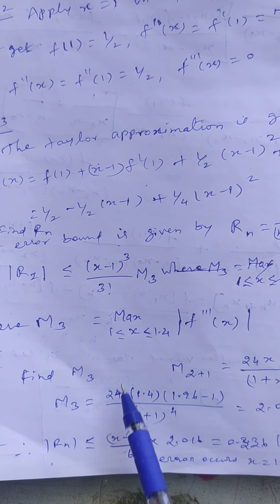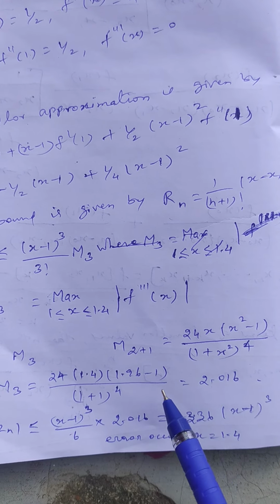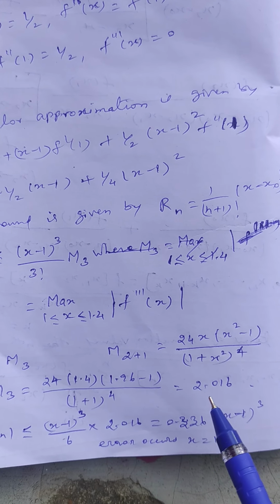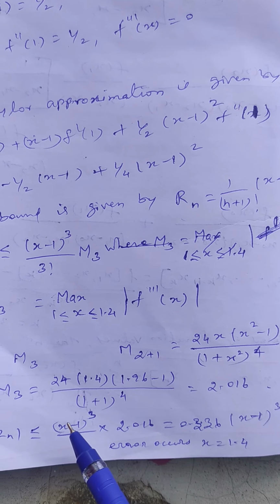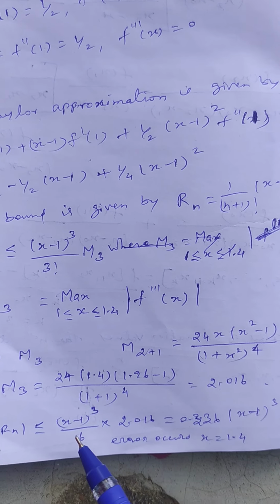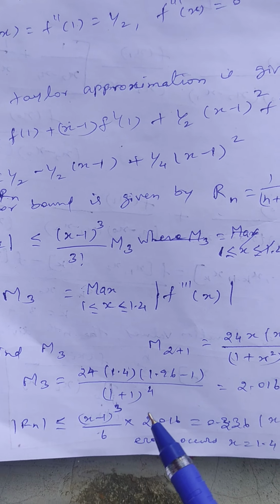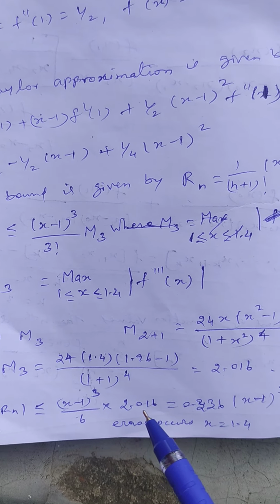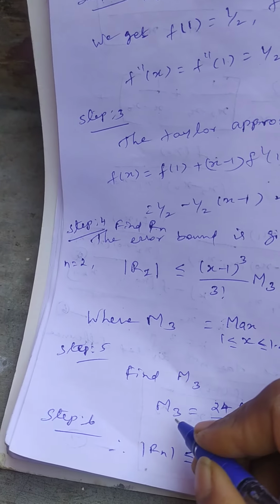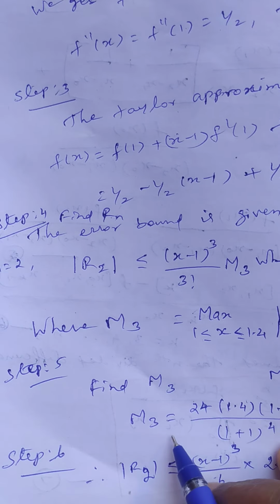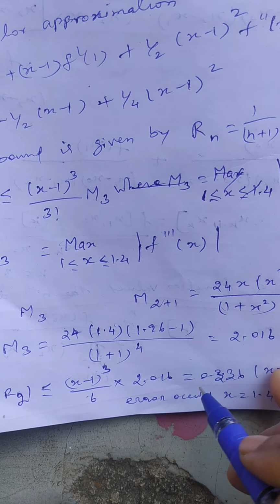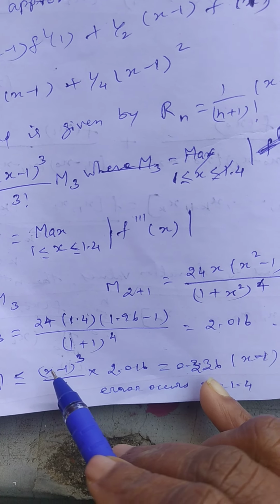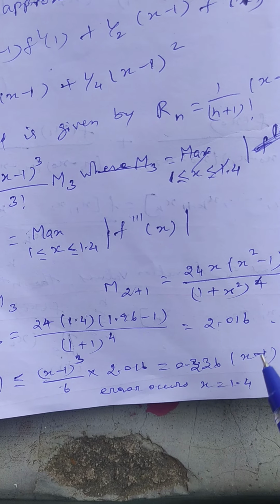Then R2 is less than or equal to (x minus 1) the whole cube by 3 factorial into M3. M3 we found to be 2.016, and we apply it in this equation. So R2 equal to (x minus 1) the whole power 3 by 6 into 2.016. The error occurs at x equal to 1.4.